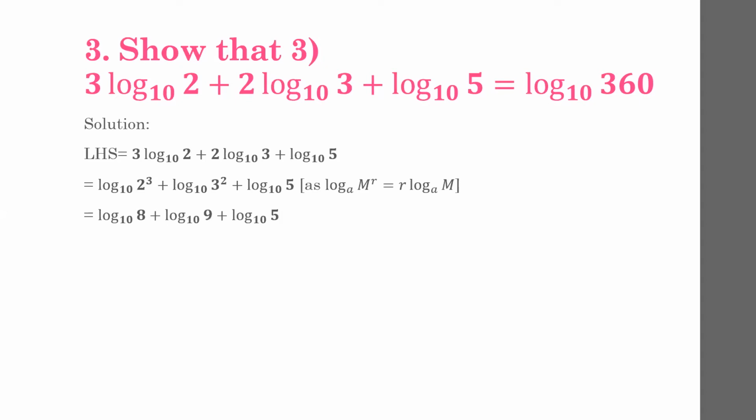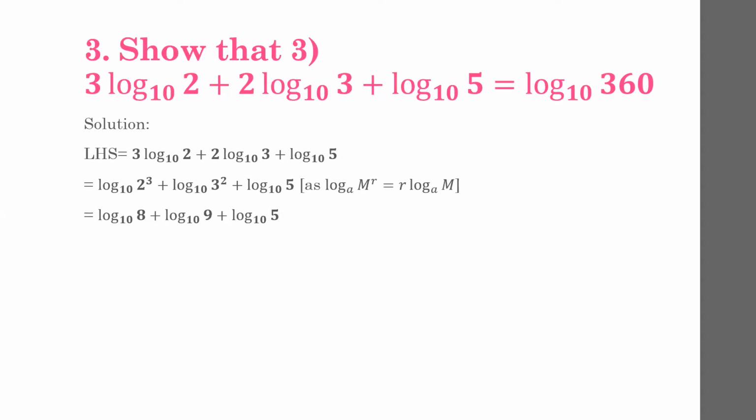Before starting the math, I told you the multiplication formula of logarithm: log a base m plus log a base n equals log a base mn. There is a similar base in all the terms. So here we have three terms, log 10 base 8 plus log 10 base 9 plus log 10 base 5.